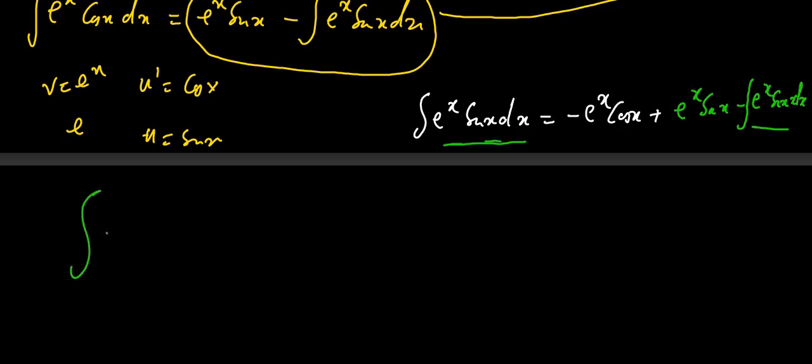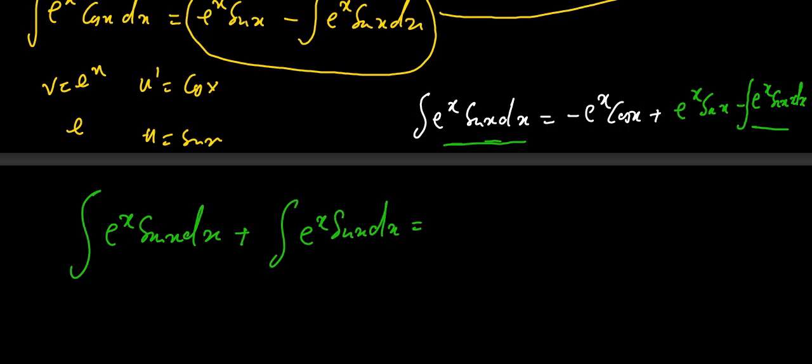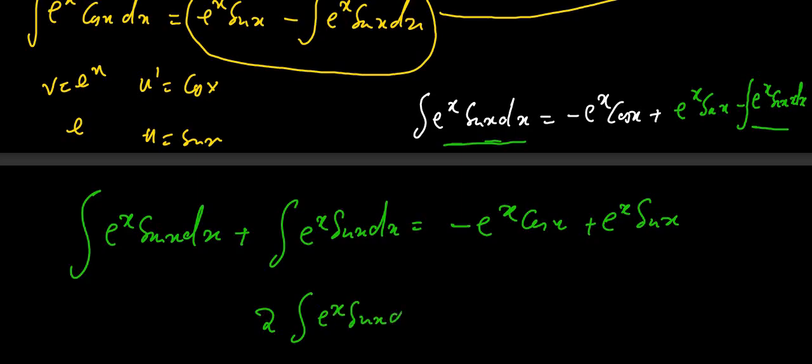That will be the integral of e^x then sine x dx plus the integral of e^x sine x dx to be equal to negative e^x then cos x plus e^x then sine x. We add this, we get 2 times the integral of e^x then sine x dx.